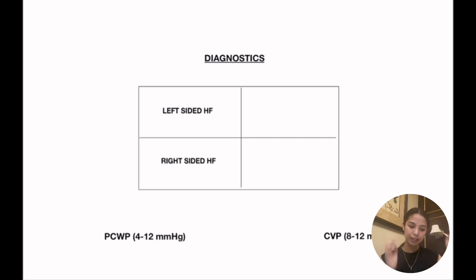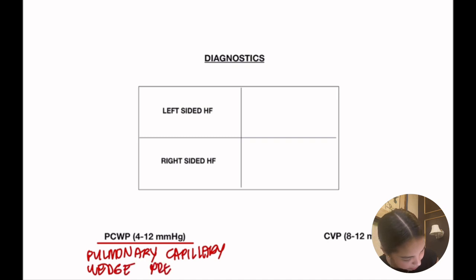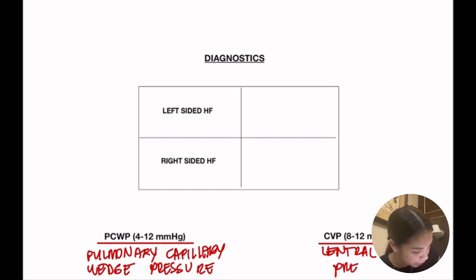So diagnostics. This PCWP is called pulmonary capillary wedge pressure. Your CVP is your central venous pressure.